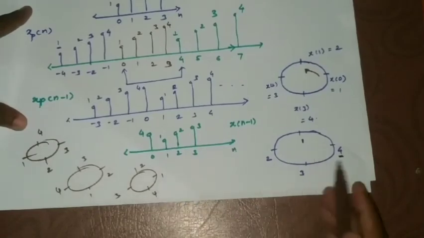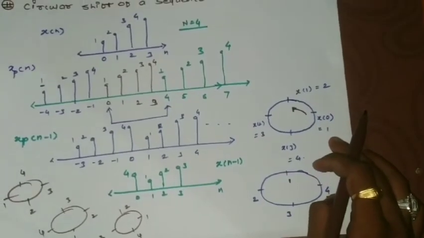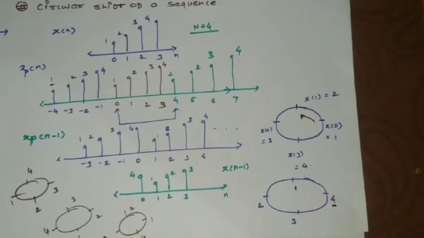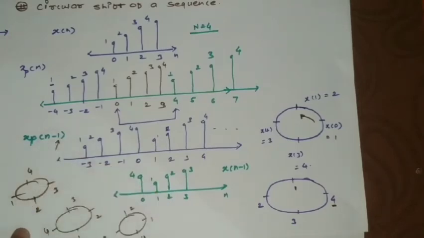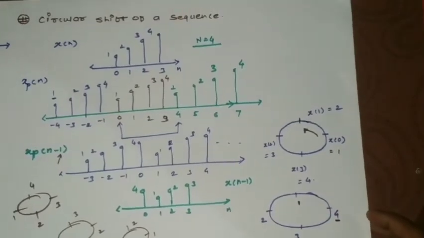So after 4 samples, we are getting the same function, and this term is called circular shift of a sequence. That means every sequence which is periodic in nature can be represented in terms of circular shift of a sequence. Now what we obtain from here, when we add n number of samples to the given sequence, it shows the repeatability, and this is the base of circular shift of a sequence.